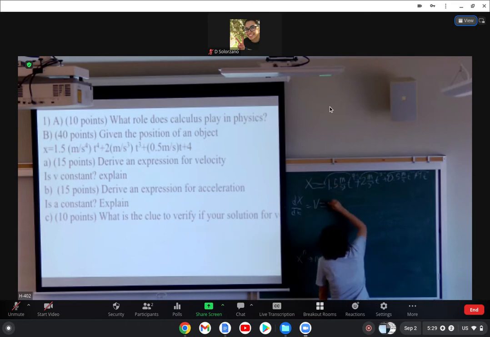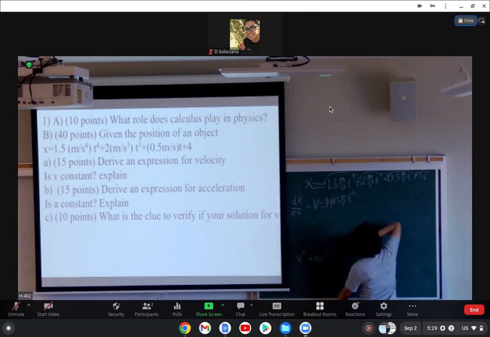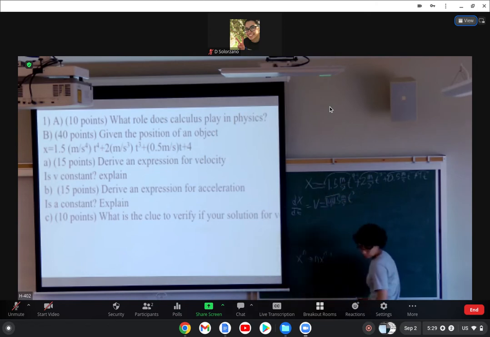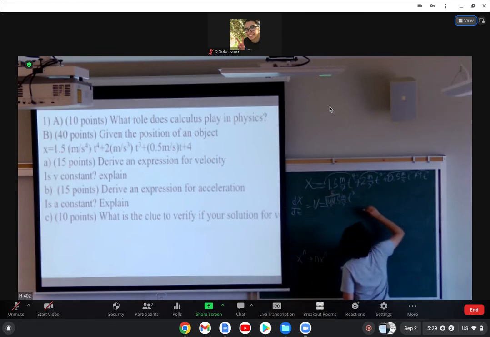And then you have 4 times 1.5 meters over seconds to the fourth, t to the third, that's going to be 3 now. 4 times 1.5 is going to become 6. Then 3 times 2 meters over seconds cubed, t squared, is also going to become 6.